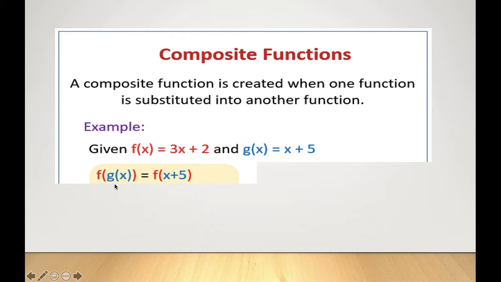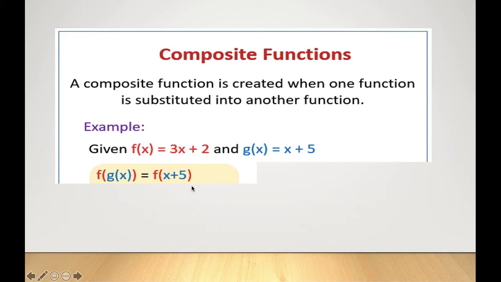To find f of g of x, g is performed first and then f is performed on the result of g. That means our input is g of x, so g of x equals x plus 5. This is our input in our function f of x, which is 3x plus 2. So you are going to substitute x plus 5 in place of x.